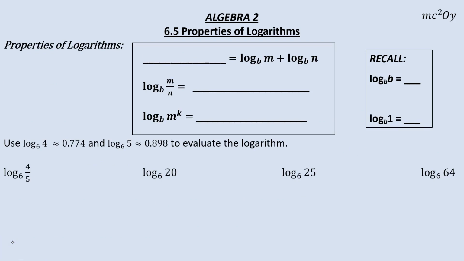What we demonstrated first is actually called the product property. It's where you take the log, and we're going to put the base in here, base b of m times n, which is equal to log base b of m plus log base b of n. Like I said, that's called the product property.